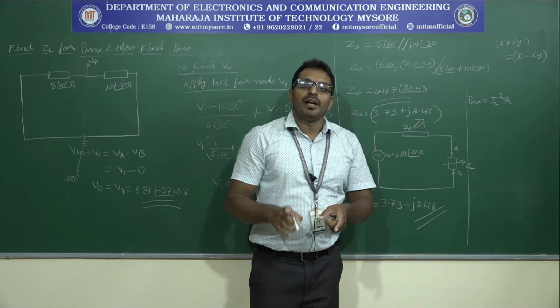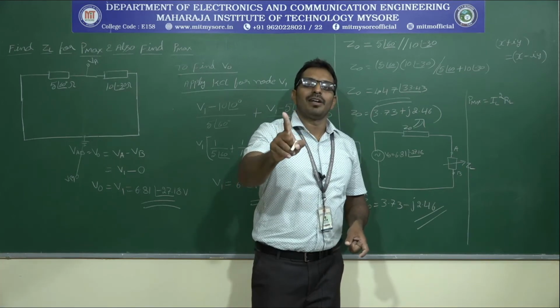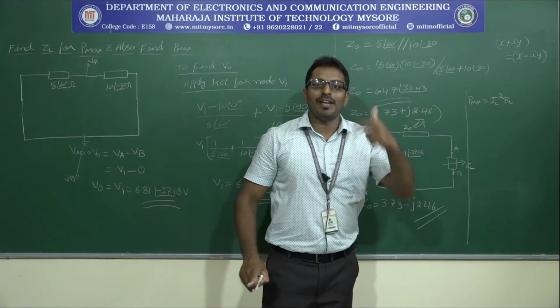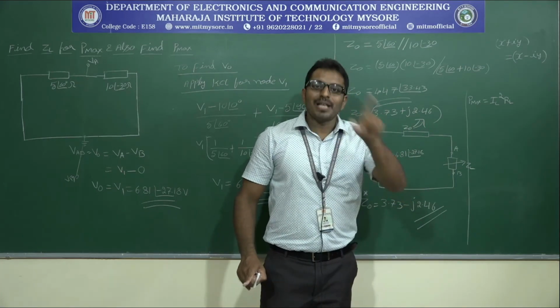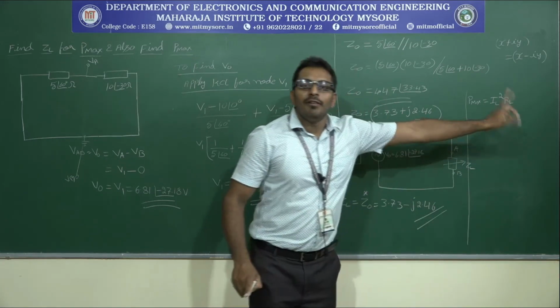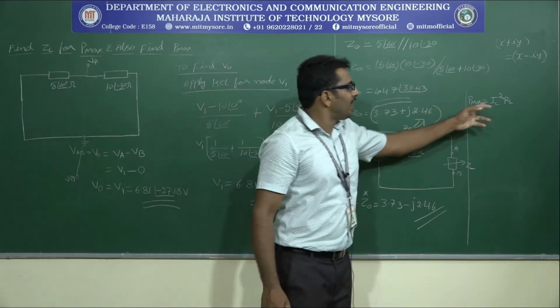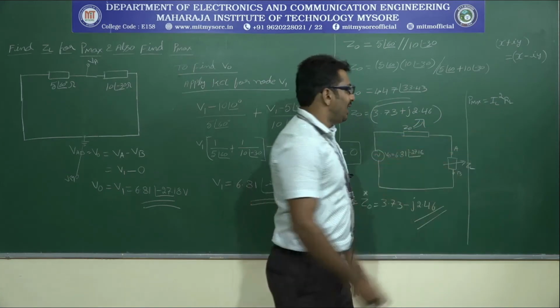Out of these two parts, the one and only element which consumes power is resistance. The power consumed by a pure inductor is 0. The power consumed by a pure capacitor is 0. That's why I am considering only the variable load resistance. Is it clear? So, in order to find out P max, first let us find out IL, right?